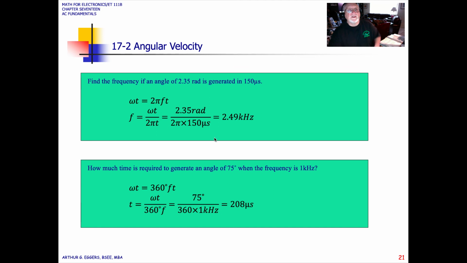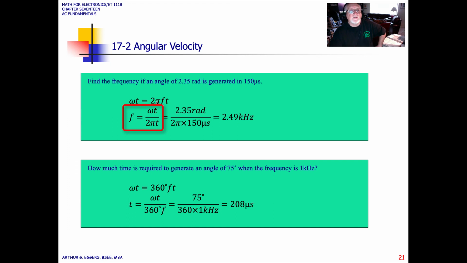A couple other examples. Find the frequency if an angle of 2.35 radians is generated in 150 microseconds. So now we're solving for the frequency. We're going to take our expression omega t is equal to 2 pi f times t, and factor it out so that we're solving for frequency f.